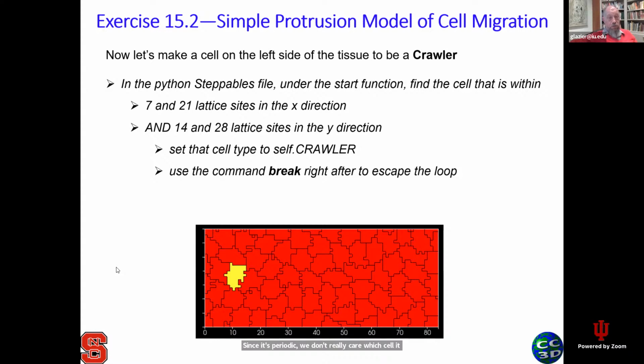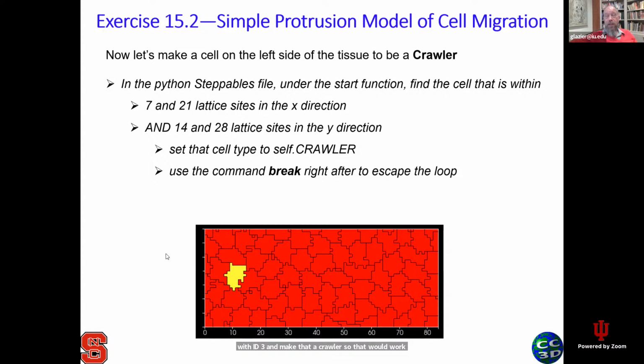So another way to do it would be to loop over the cells and take the first cell that we find and make that cell of type crawler. We could go in and find by ID. We could find cell ID number, the cell with ID 3, and make that a crawler cell. That would work too.